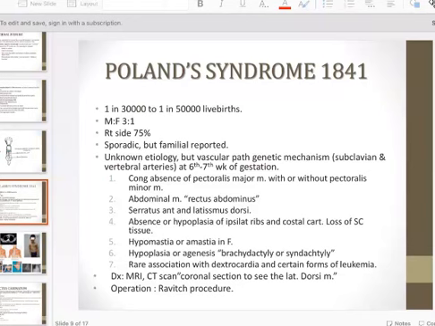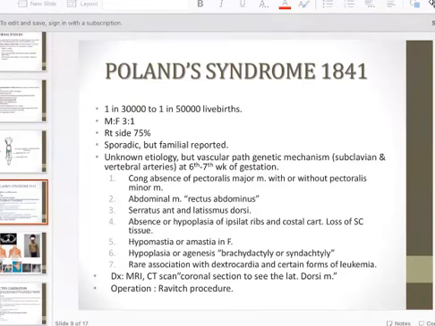There is a congenital absence of the pectoralis major muscle, with or without the pectoralis minor. The abdominal muscle, rectus abdominis, is absent on that side.